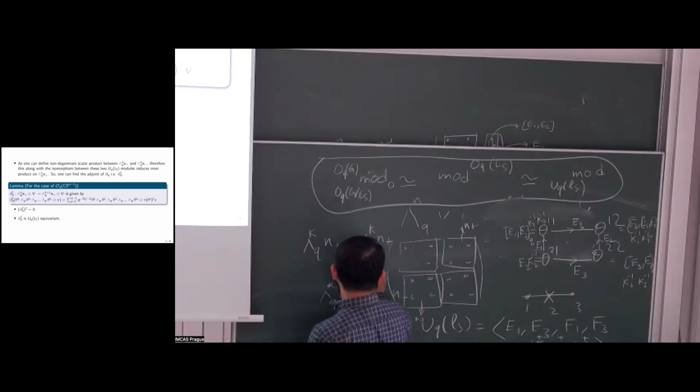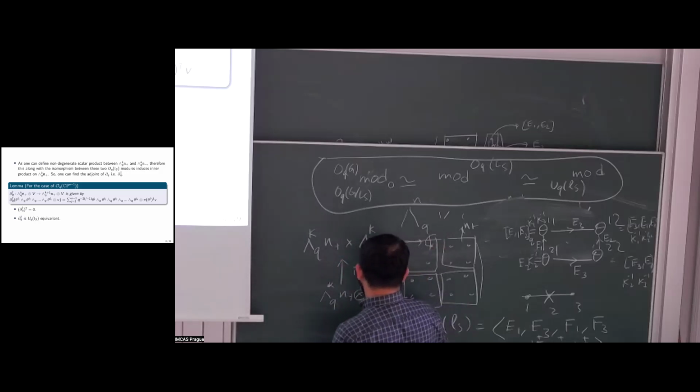So this tensor is isomorphic to C. So, sorry, it should be the other way.